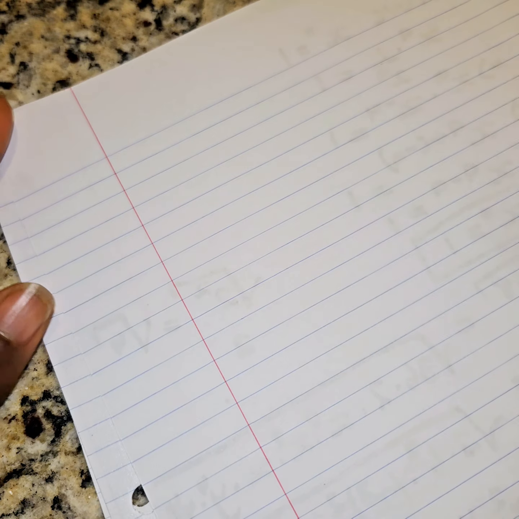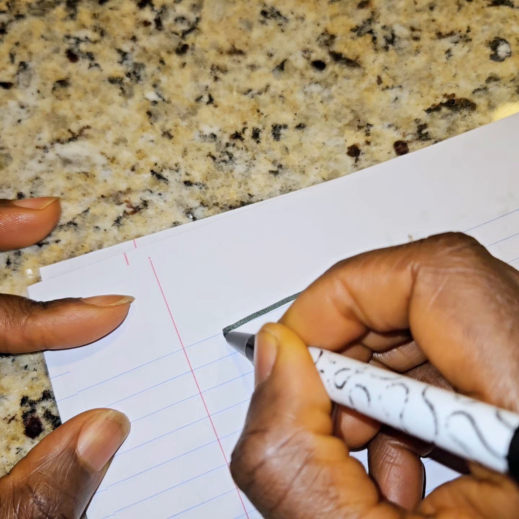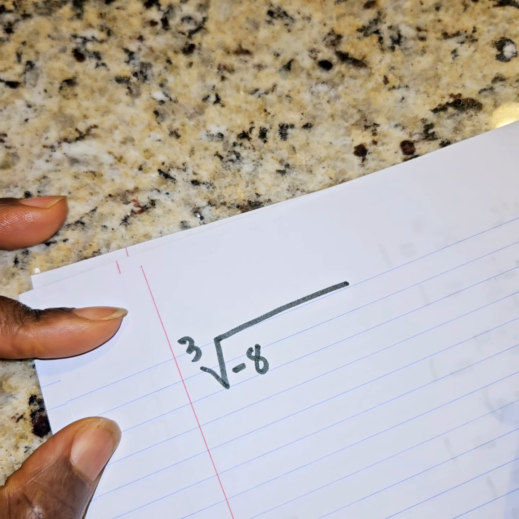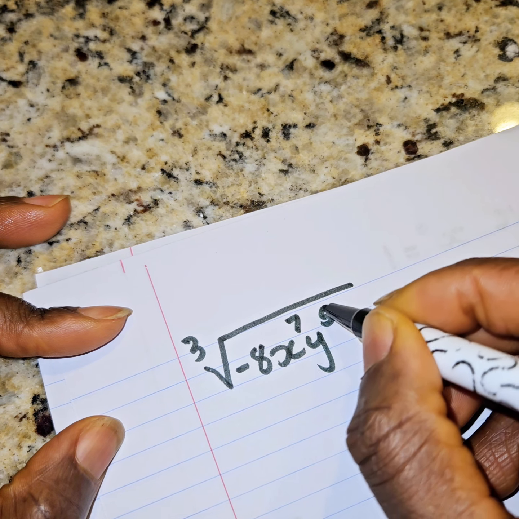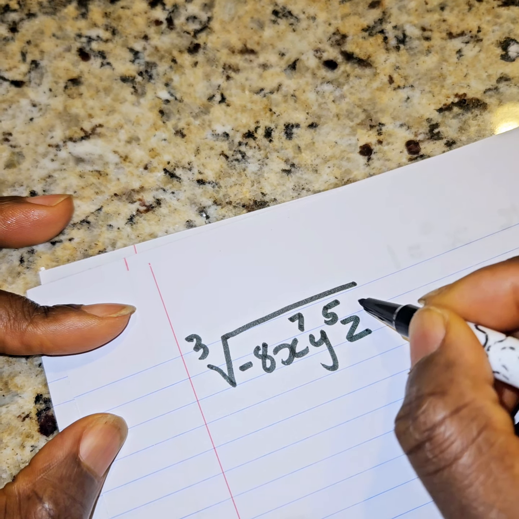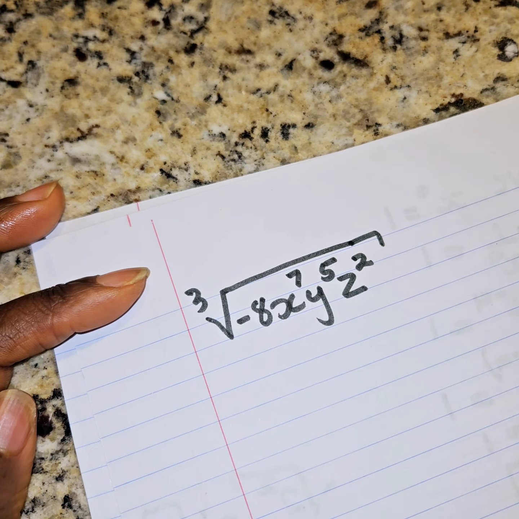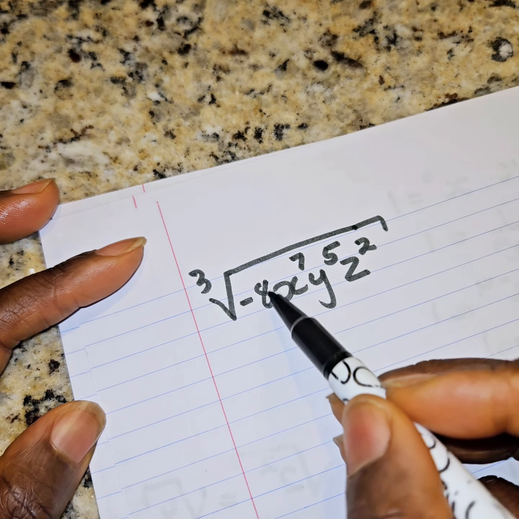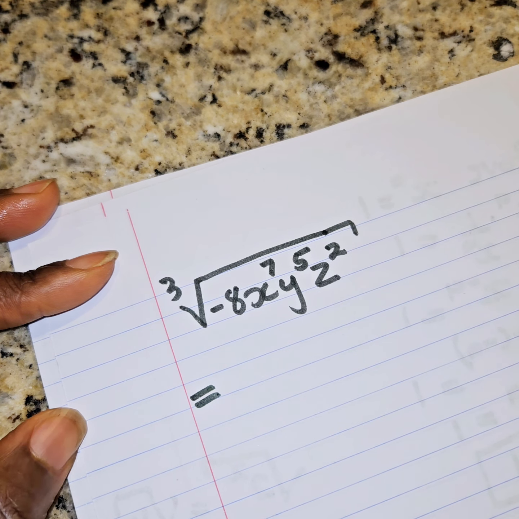Okay, one more simplify. Let's try to simplify the expression, the cube root of negative 8x to the 7, y to the 5, and z squared. So we know that, I'm going to write the equal sign here.